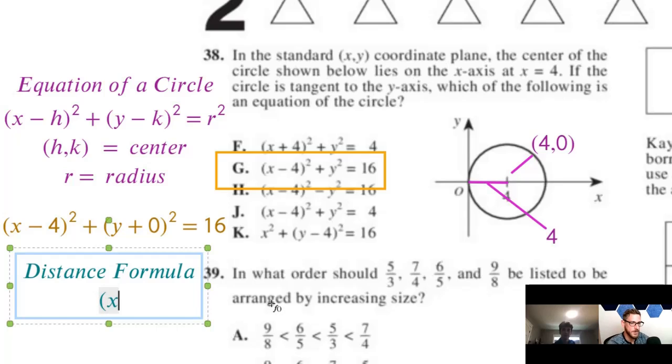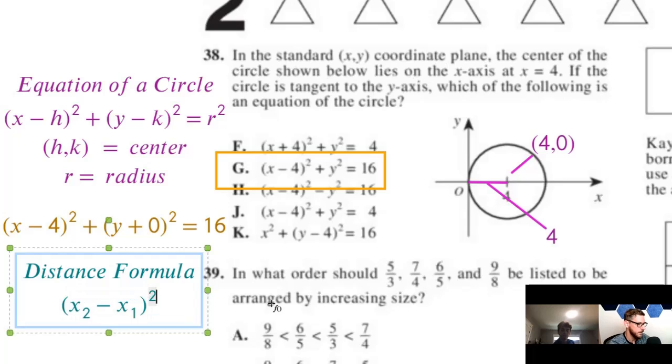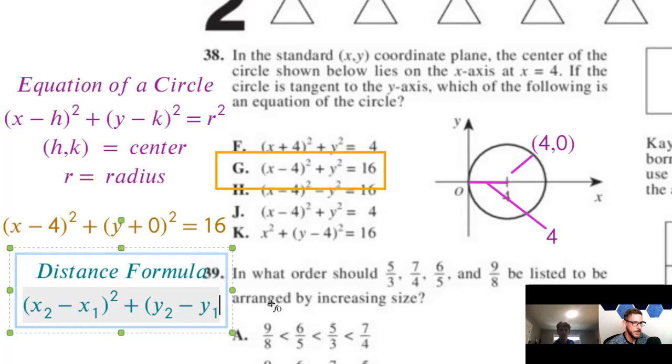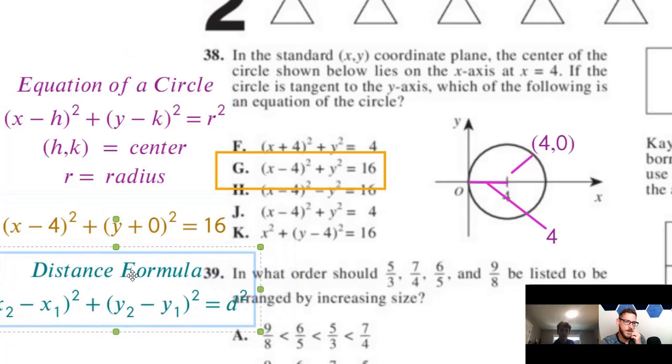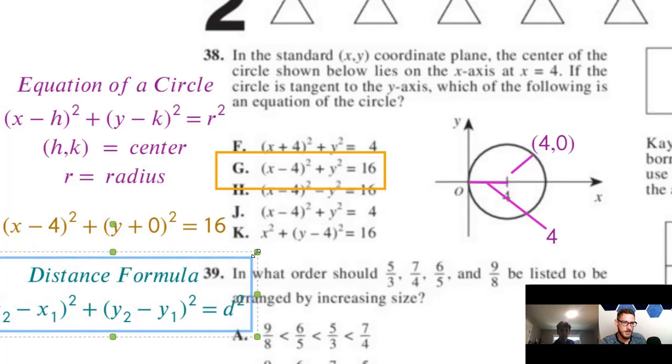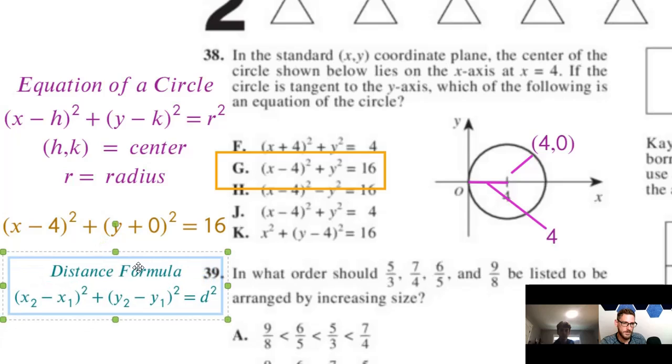It actually does have the squared. So it's normally written as x2 minus x1 squared plus y2 minus y1 squared equals the distance squared.